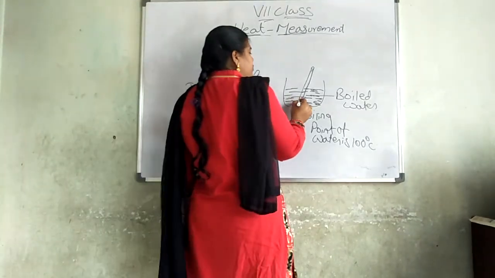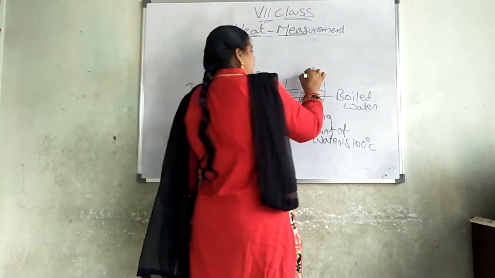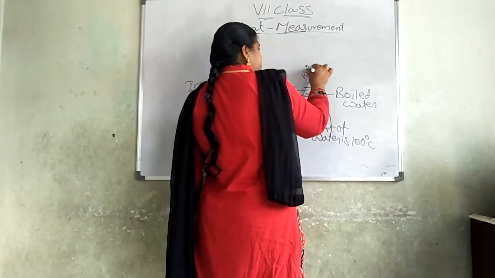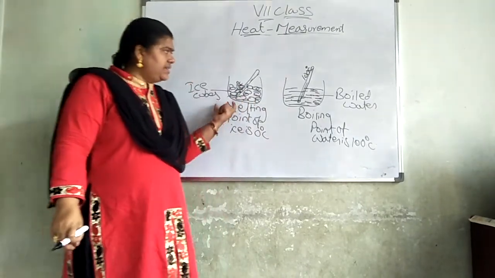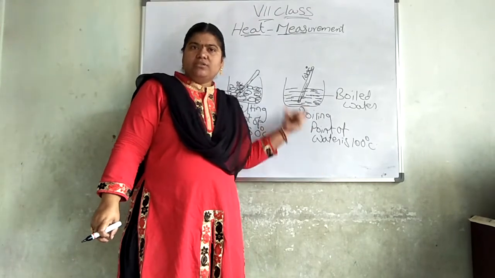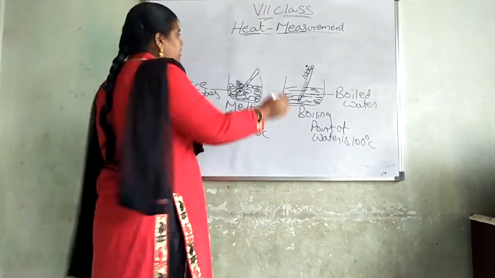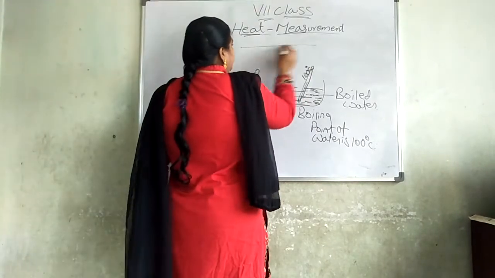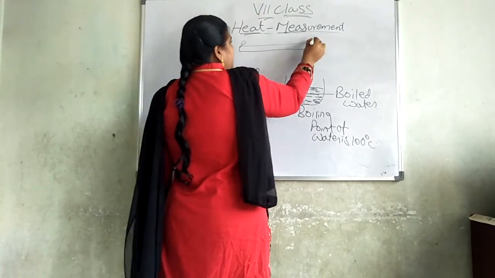Up to where the mercury level increased and stopped, there you note it as 100 degrees Celsius. Now you have 0 degrees Celsius in ice and 100 degrees Celsius in boiling water. Now, on the thermometer scale, here 0 degrees is there, here 100 degrees is there.